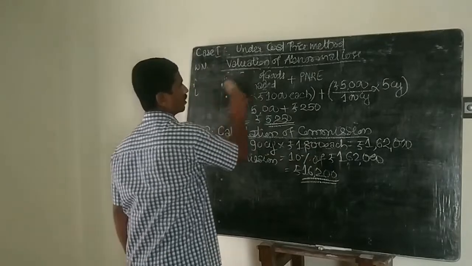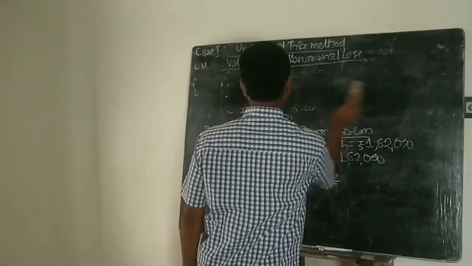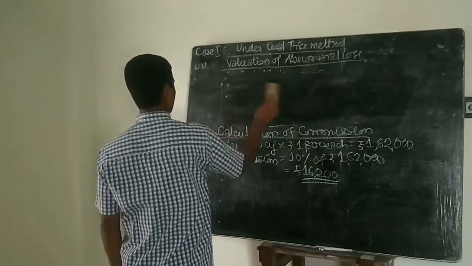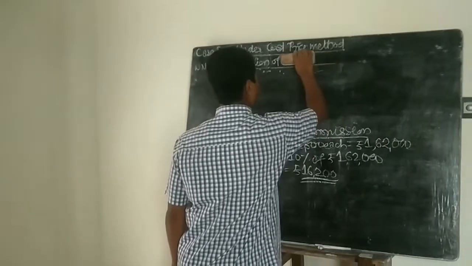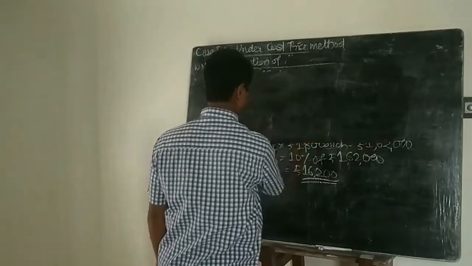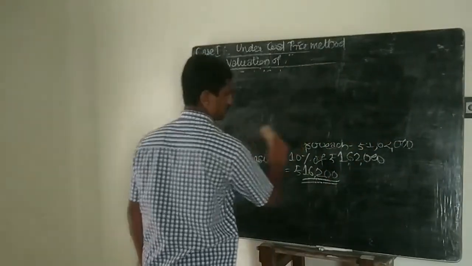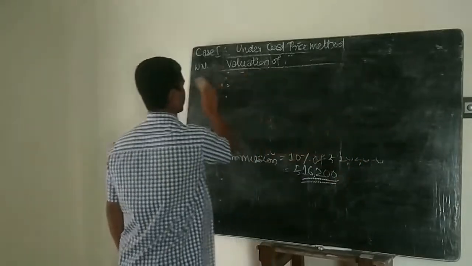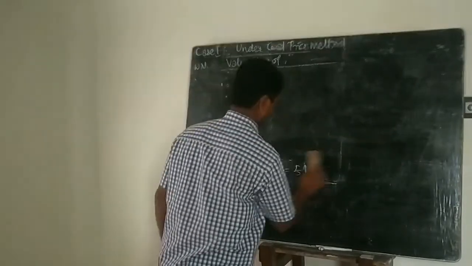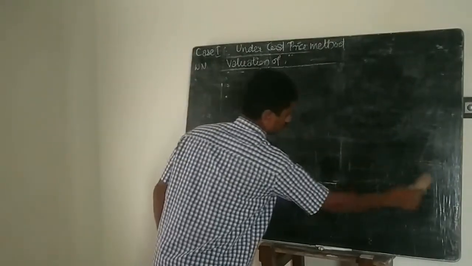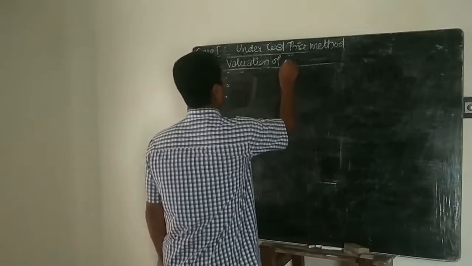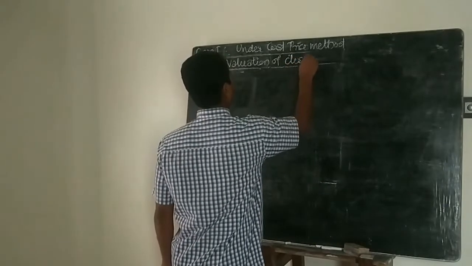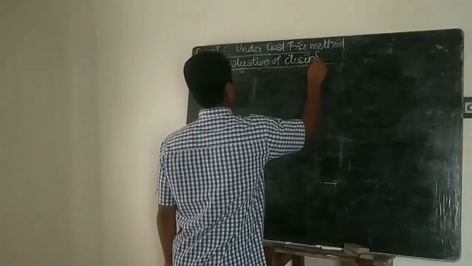Now let us go for working note number 3, that is valuation of the closing stock or the consignment stock. Simple one here. So valuation of closing stock, or we can also write consignment stock.